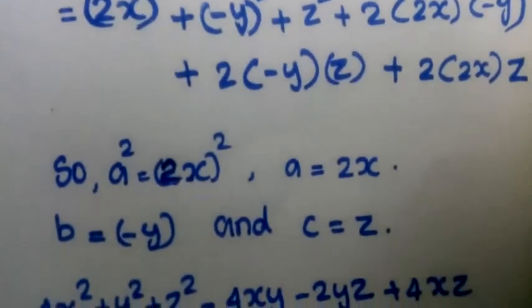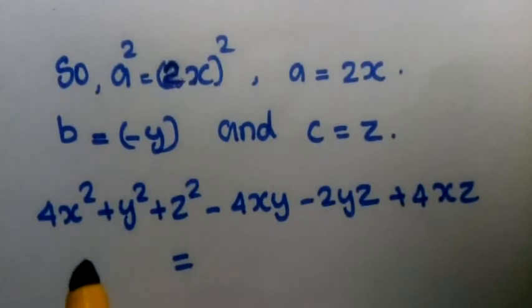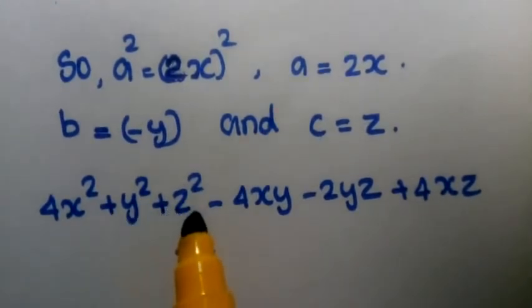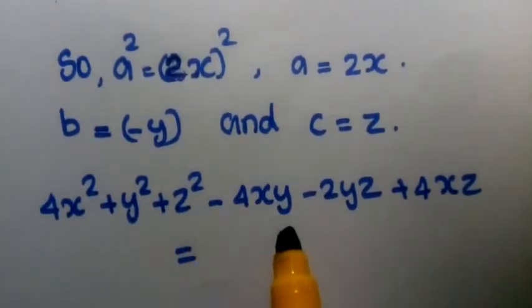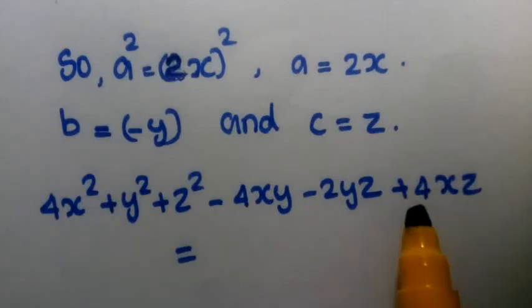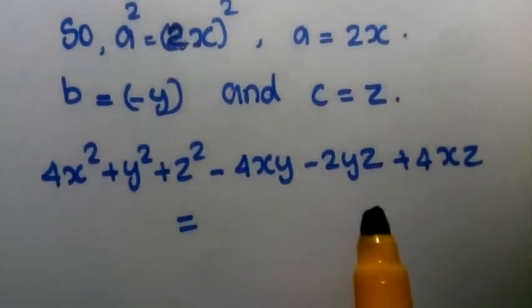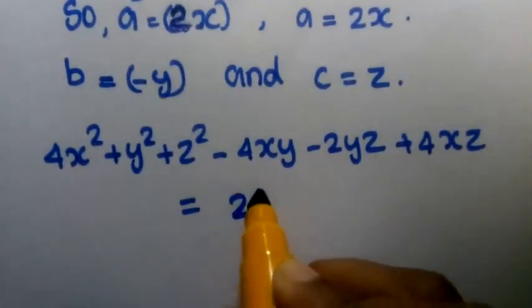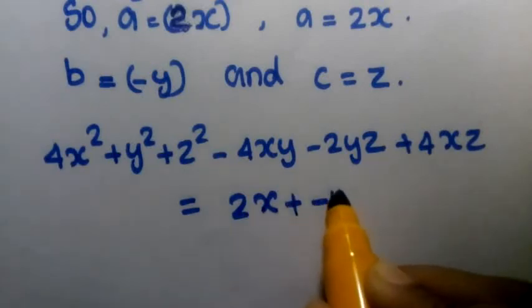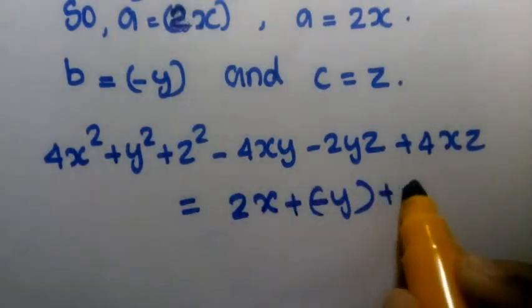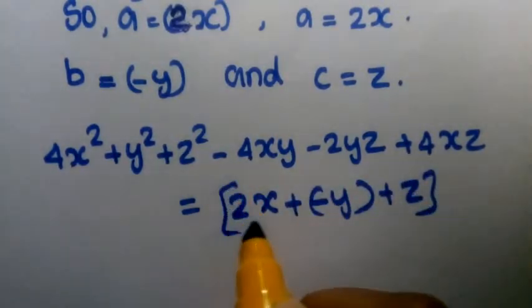So, using identity 5, 4x² + y² + z² - 4xy - 2yz + 4xz is equal to (2x + (-y) + z)².